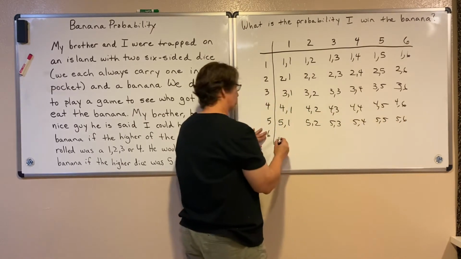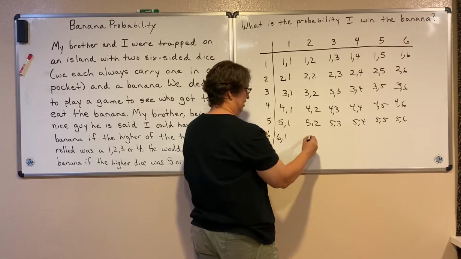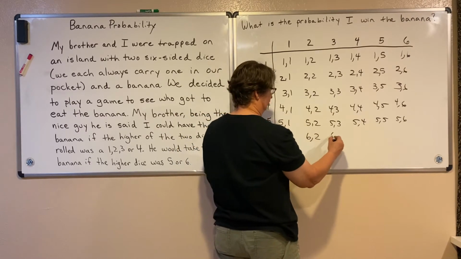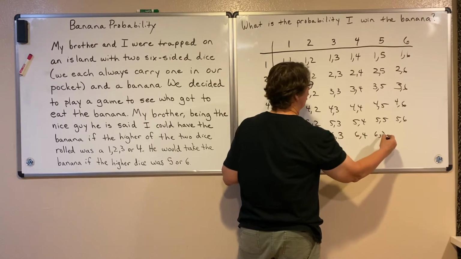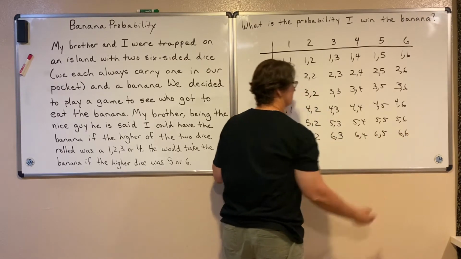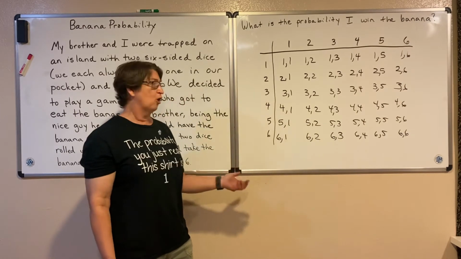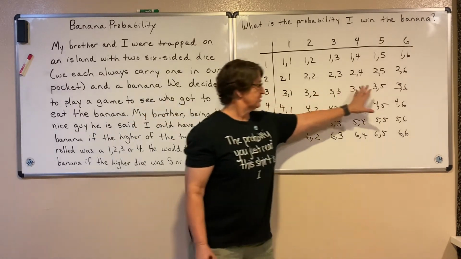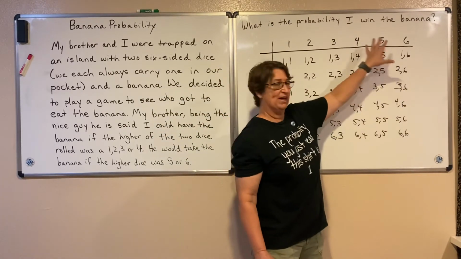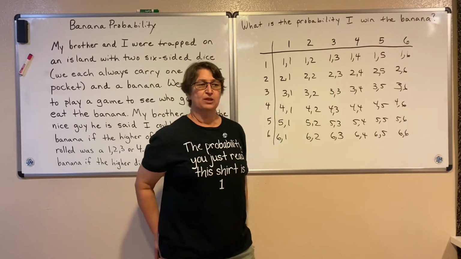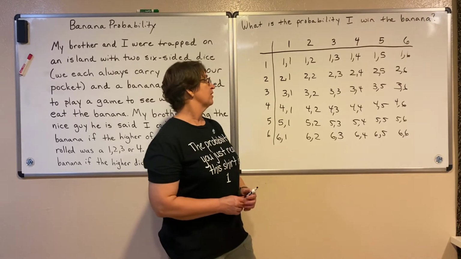And then maybe I roll a 6 and he rolls a 1, a 2, or a 3. So this chart, this table, shows my symmetric sample space, all the different possibilities of what we could roll.